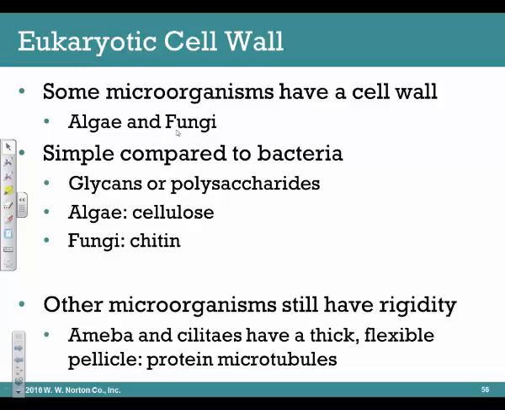So when we're looking at algae and fungi, both have a distinct composition of their cell wall when compared to the cell wall of bacteria, which is much more complex, especially in the case of the gram-negatives, where you have the cell wall, but also an outer membrane in addition to the cell wall.